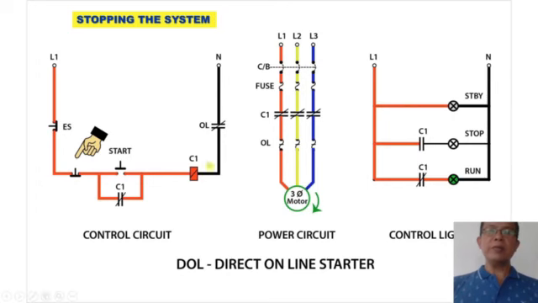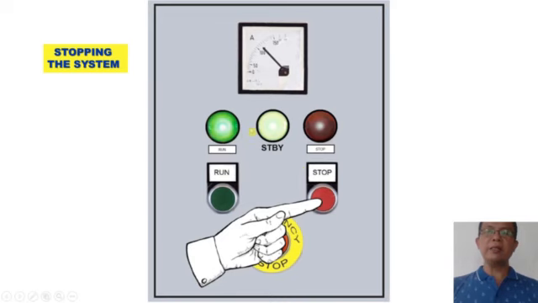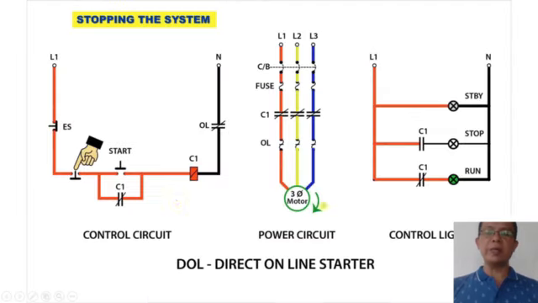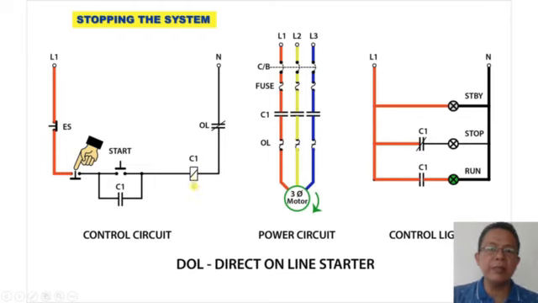We are now going to stop the system by pushing the stop button. The system is running, and we are going to stop it. We open the line here by pushing the stop button to interrupt the flow of current into the system. By opening the stop button, the current is interrupted, de-energizing the contactor coil. Since the contactor coil is de-energized, the closed holding contact is now open.